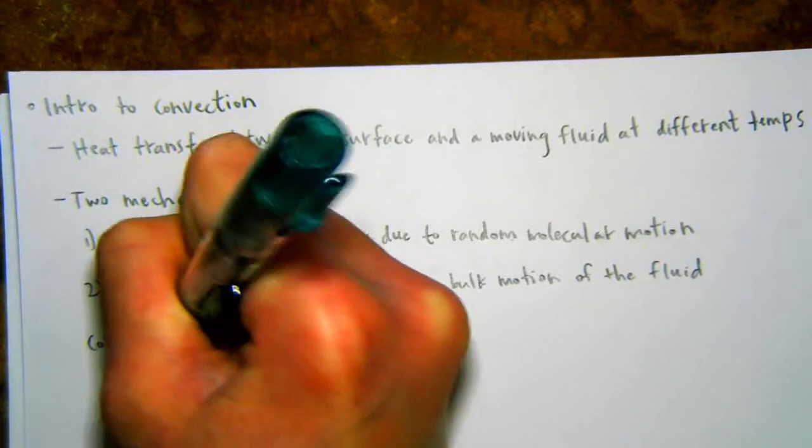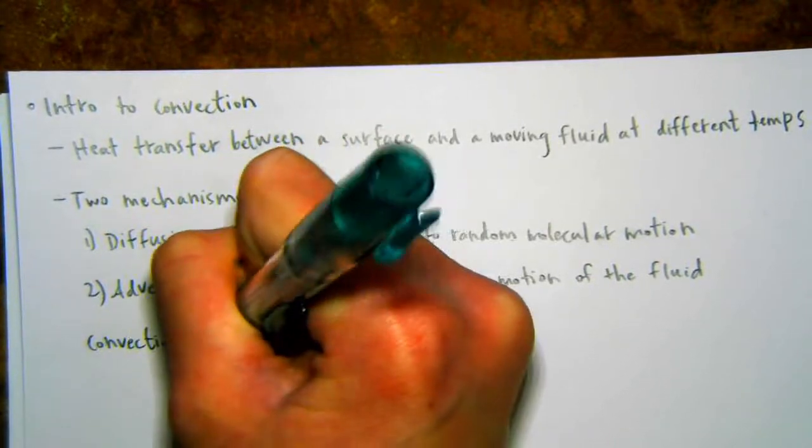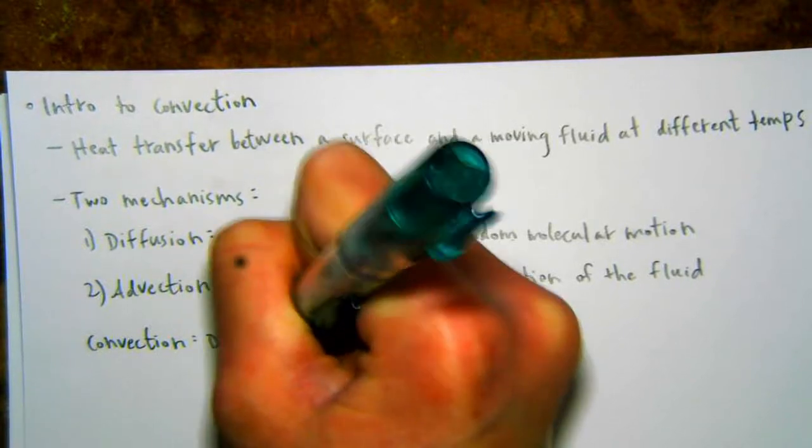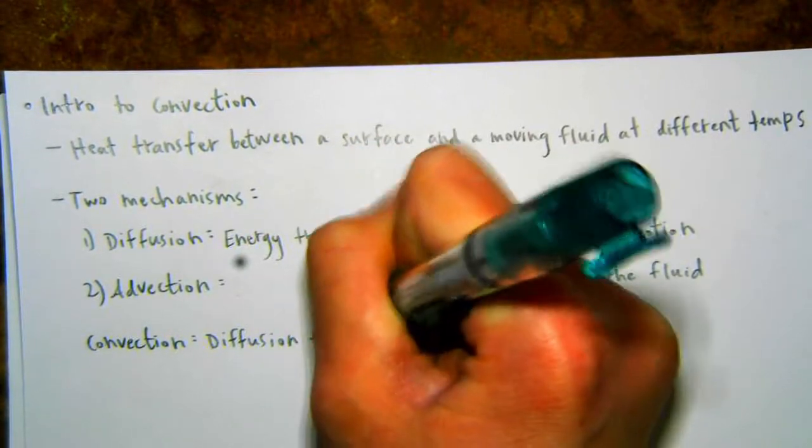So heat transfer due to convection is a superposition of these two mechanisms. So diffusion plus advection.